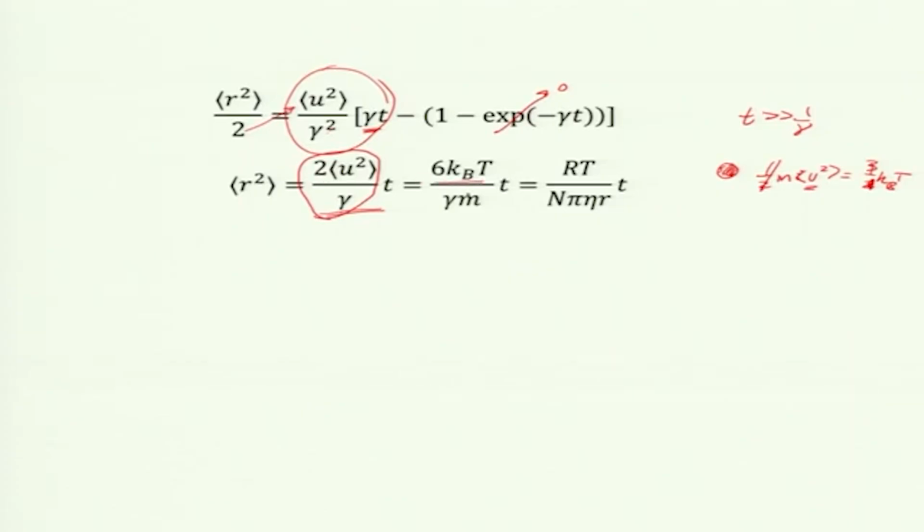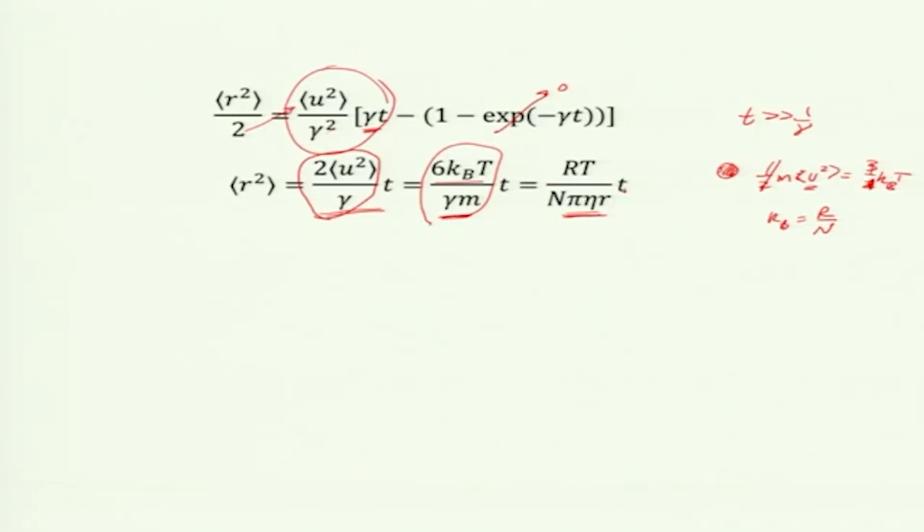So that is what I put here. 3 times 2 is 6 kBT by gamma m. kB is the Boltzmann constant, which you may know is the gas constant divided by Avogadro number, and gamma m is the viscous force. I can use 6 pi eta r, where r is the radius of this particle. So the 6 is cancelling with 6. We should not worry too much about these prefactors, but irrespective, 6 is cancelling with 6 here and we get this formula.